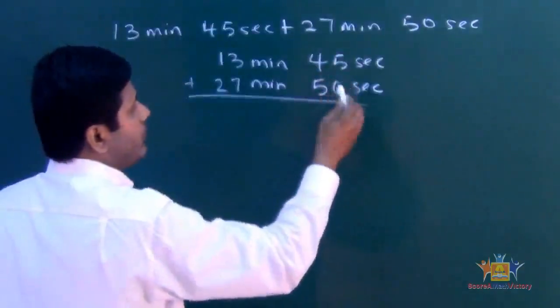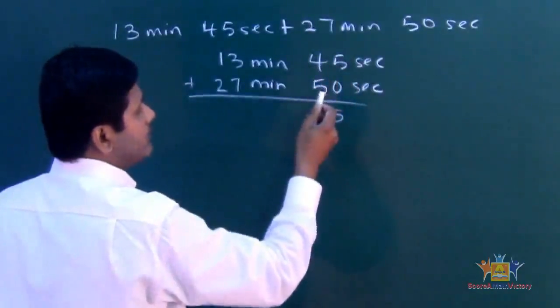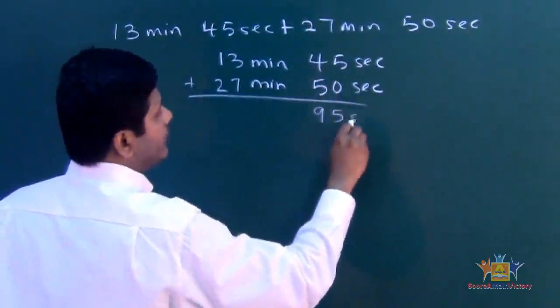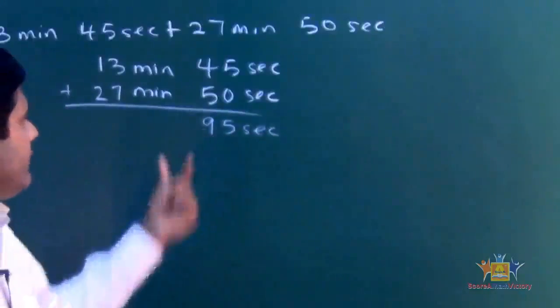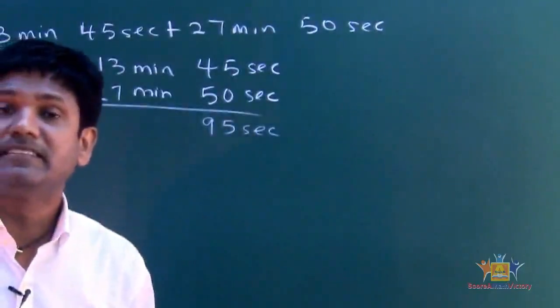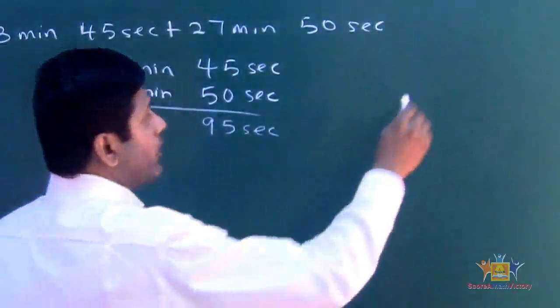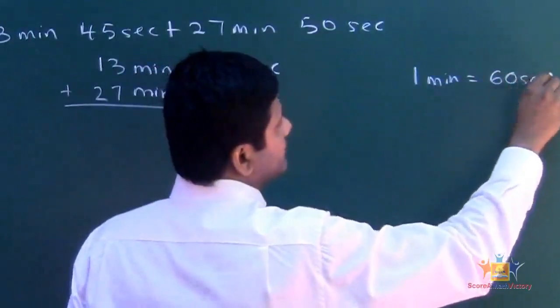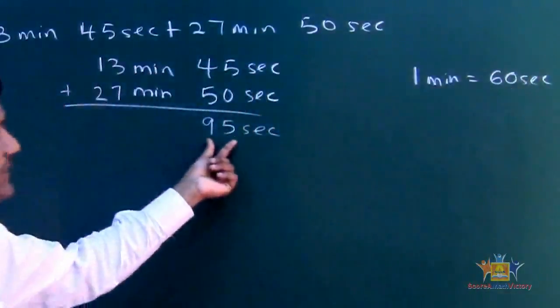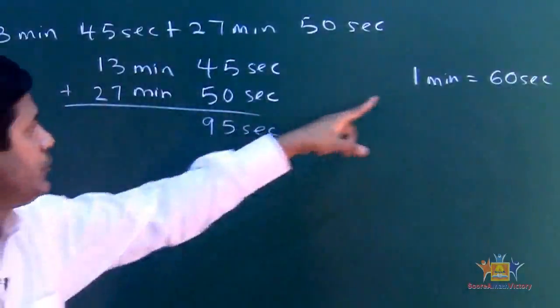So 5 plus 0 is 5, 4 plus 5 is 9. That's giving me 95 seconds. Wait a minute, 95 seconds. That's past 60 seconds, because we know that 1 minute equals 60 seconds. I can convert the 60 inside the 95 into 1 minute.